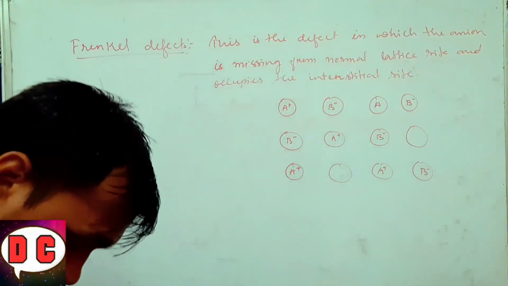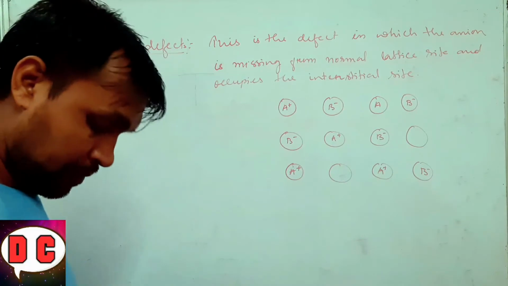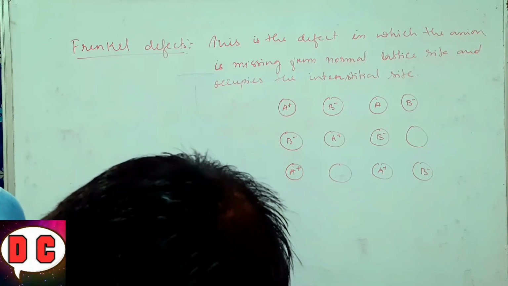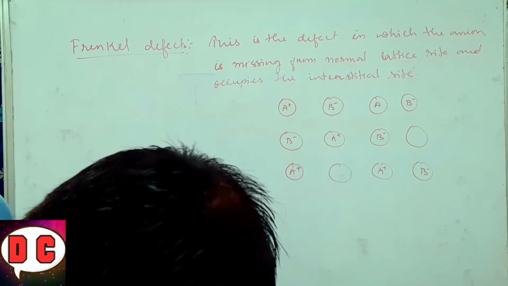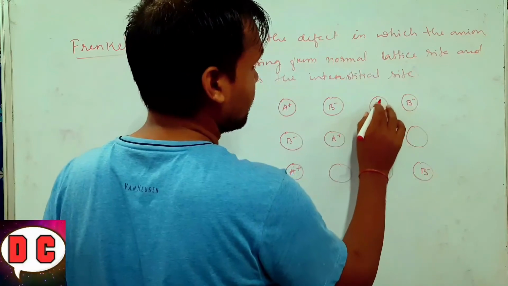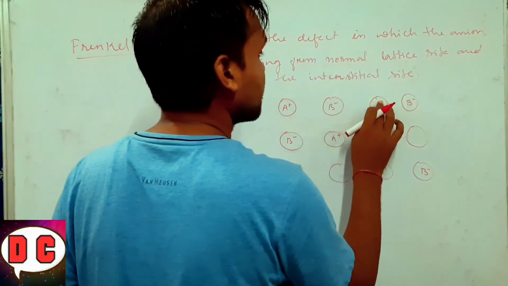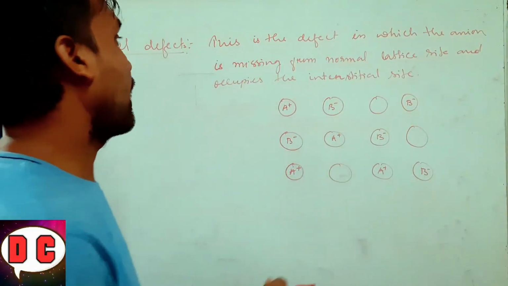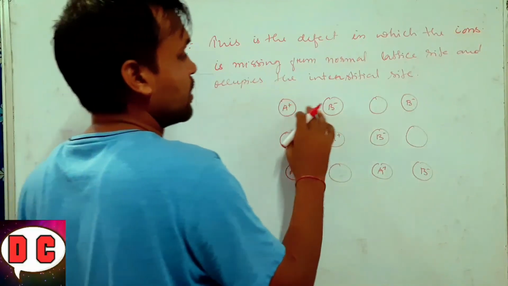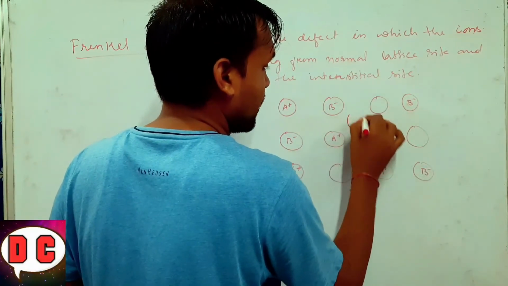Here you can see that the ions are leaving their sites, the ions are missing from the normal site. So from here it has left and it occupies the space here.